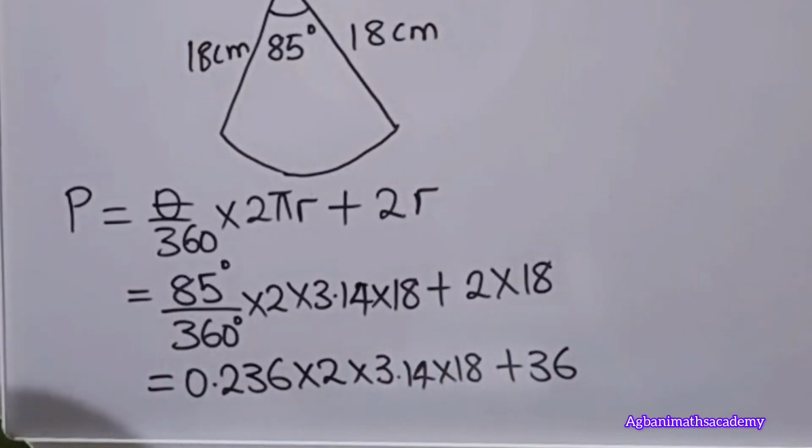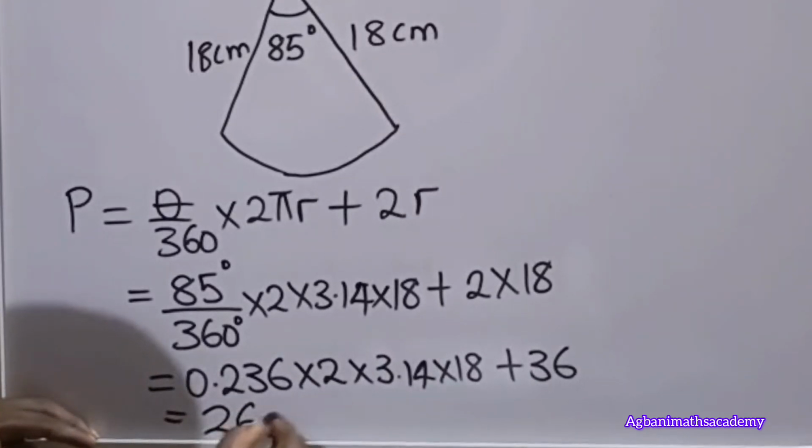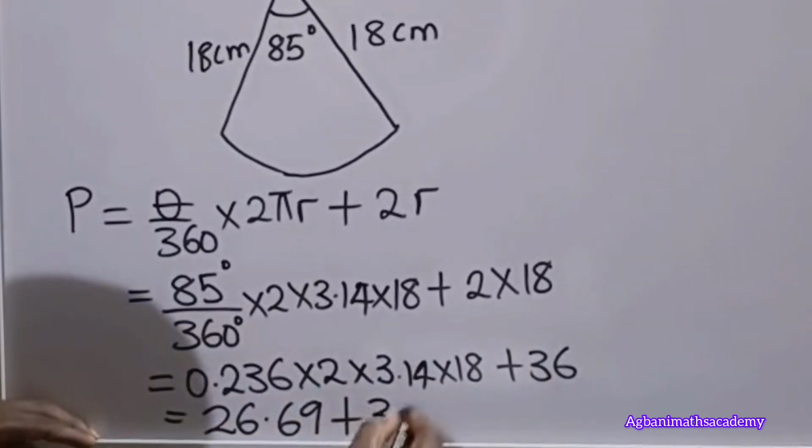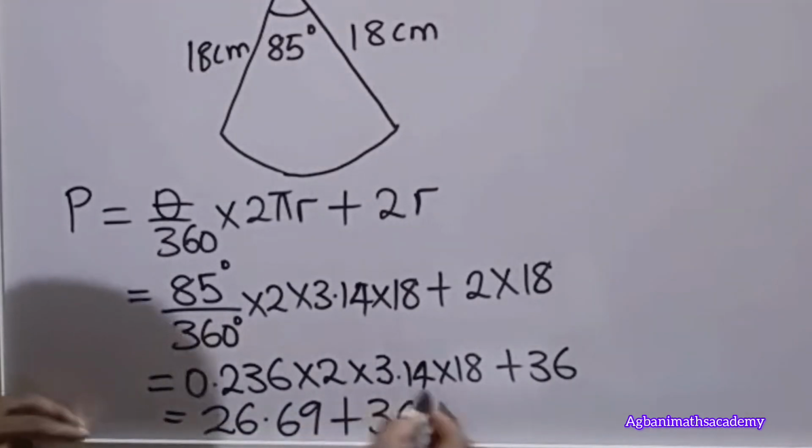When we multiply this, if you have a calculator, you can multiply with me: times 2 times 3.14 times 18. So we have 26.69. 26.69 plus 36 will give us 62.69.